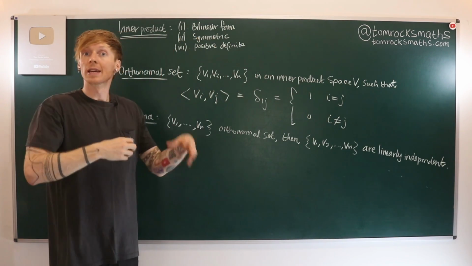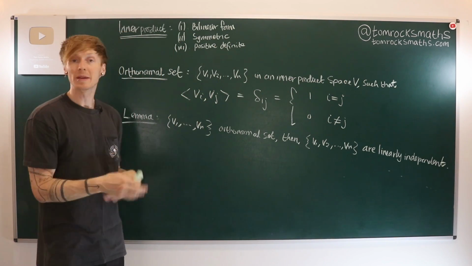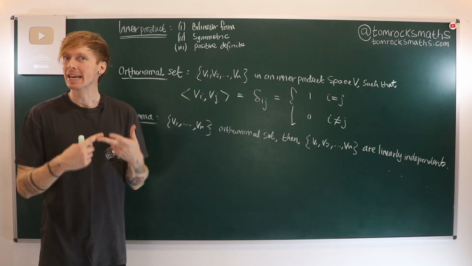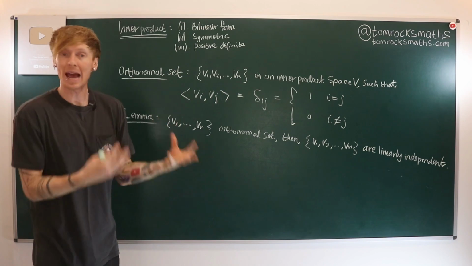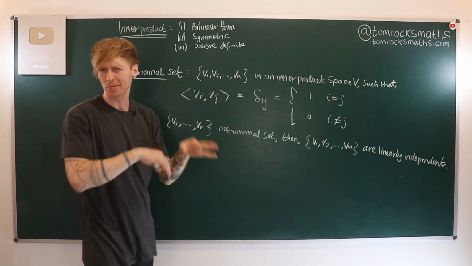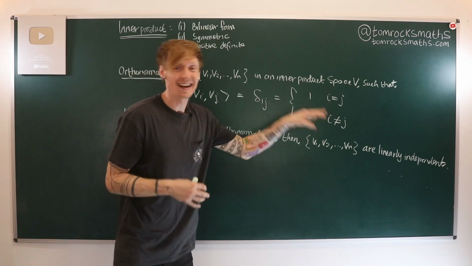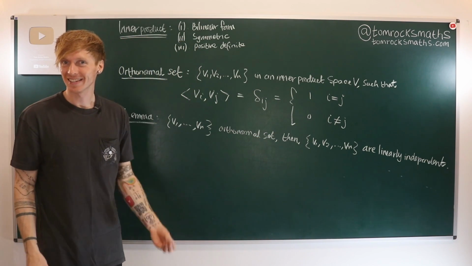Of course, in order for a set to be a basis, it has to be both spanning and linearly independent. So if we have an orthonormal set within our inner product space, this lemma is telling us that we actually have a linearly independent set.